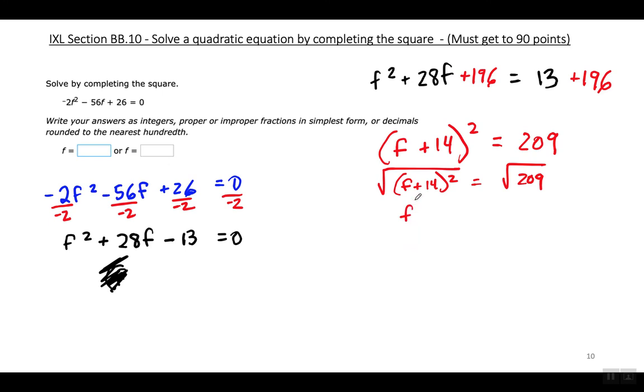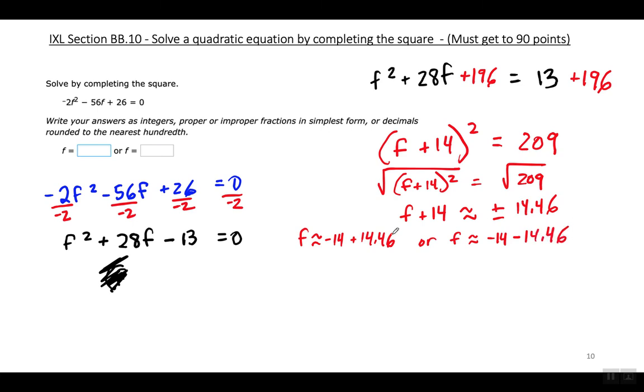Alright, so the square root on the left is going to give me f plus 14, and that's going to be approximately positive and negative 14.46. So that means I'm going to move the 14 to the right, making it negative. So f is approximately negative 14 plus 14.46, or f is approximately negative 14 minus 14.46.